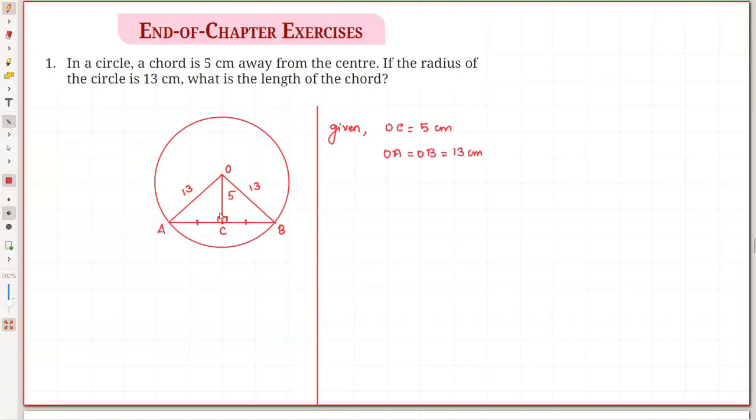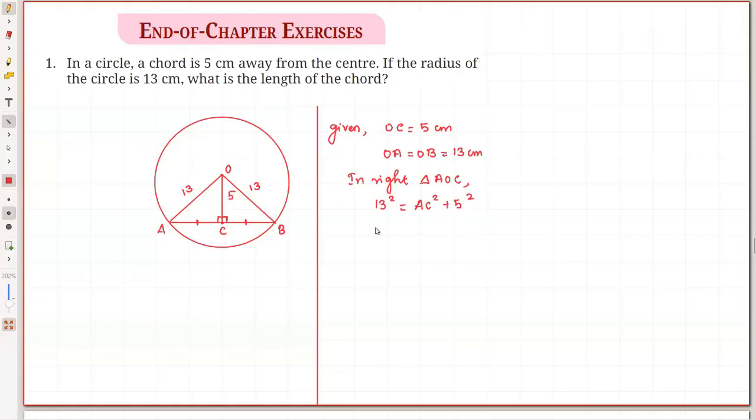I can consider AOC as a right angle triangle. In right triangle AOC, using Pythagoras theorem, hypotenuse square is equal to sum of the other two side square.